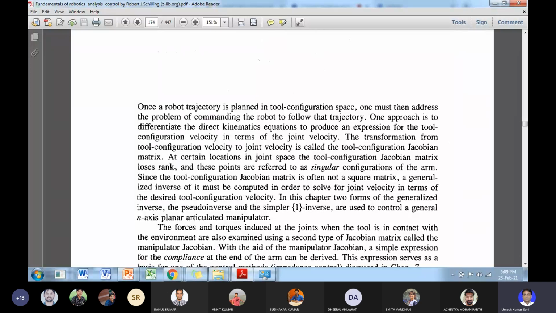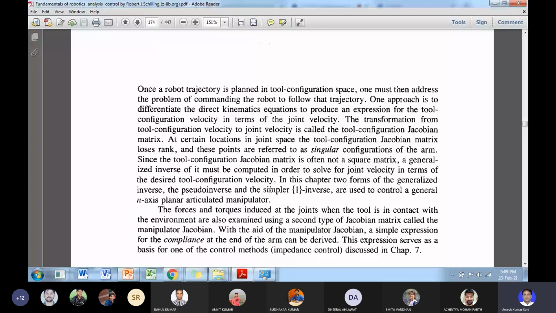The tool configuration Jacobian matrix is not necessarily a square matrix. The inverse of this Jacobian matrix is determined using specialized techniques, that is, pseudo inverse and simpler inverse.